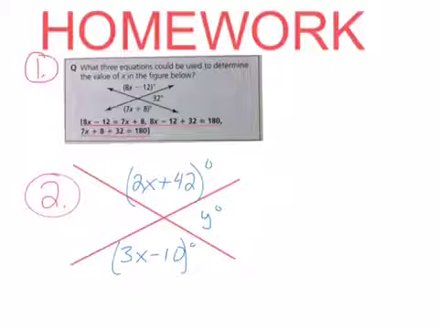A good idea would be to solve two of them to see if you get the same answer or not, or perhaps even all three of the equations. The second problem, solve this equation for x and y. So when you're done, you need to find what x is going to be equal to and what y is going to be equal to. Okay, so work those two problems on a separate sheet of paper and bring those in, and they will be turned in.